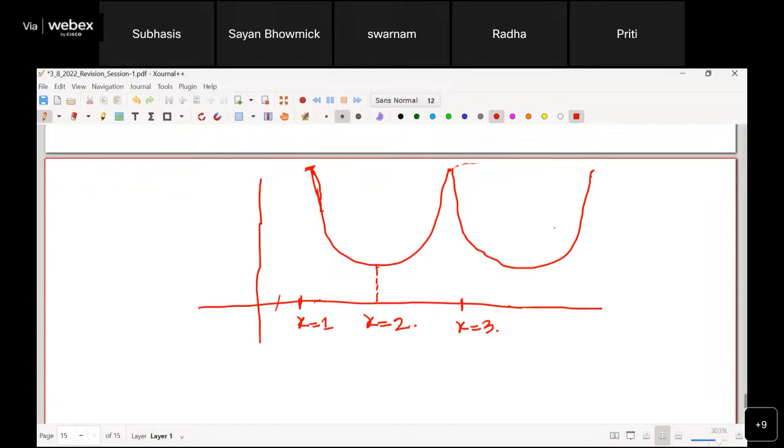Sir, whenever I approach this kind of question, with the left-hand limit and the right-hand limit, in that case, at that junction point, if the pieces are touching each other, it's fine. But what if they are not touching?